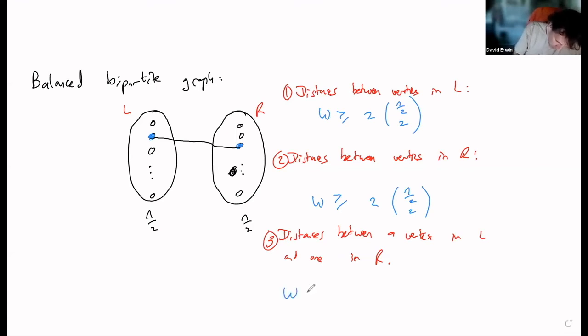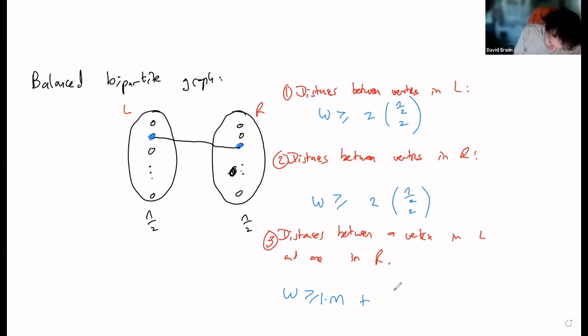So if we look at the contribution we get to the Wiener index from those possibilities, well, there are m edges in the graph. Right, so that means that there are m pairs of vertices which we get a contribution of 1 from. So let me just, to make clear what I'm doing there, put a 1 times m. So the m pairs of vertices at distance 1, and then from the remaining.